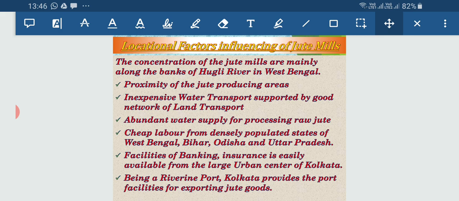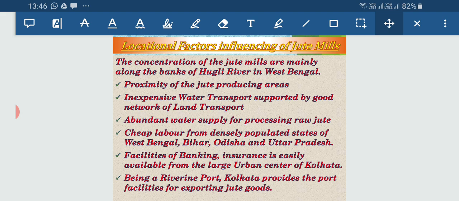First of all, jute is basically a water intensive crop, and the climatic condition supports the growth of the jute crops. As it is closer to the jute growing areas, the industries have developed over there.